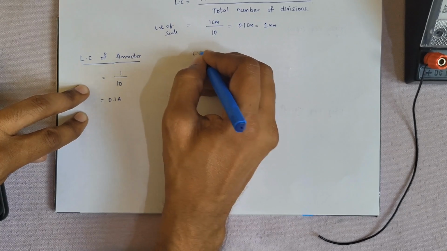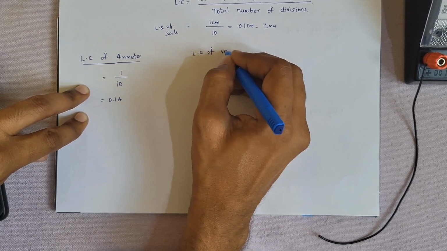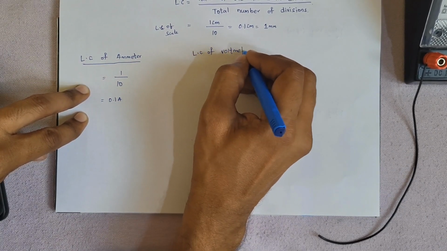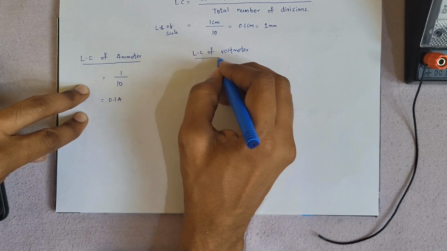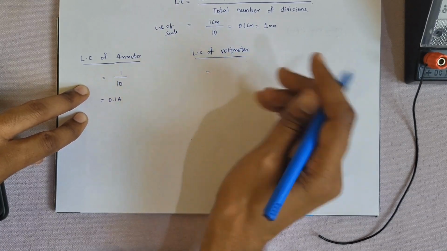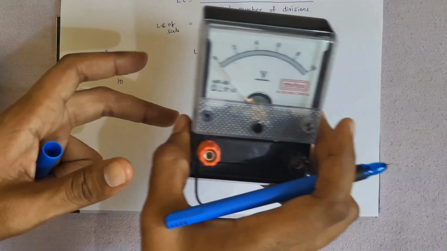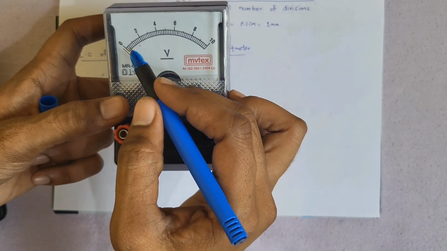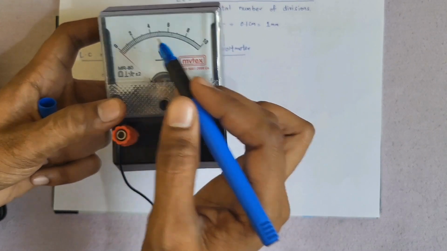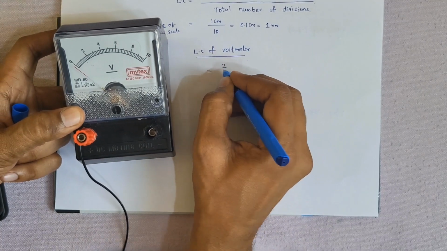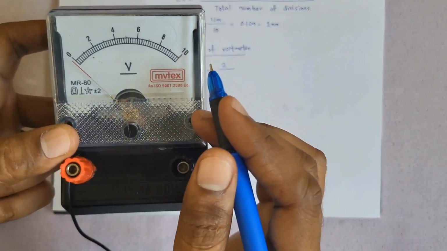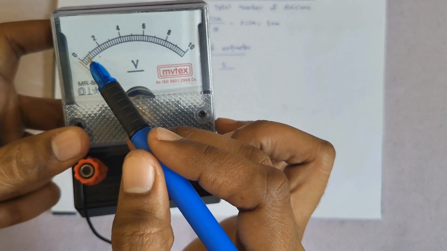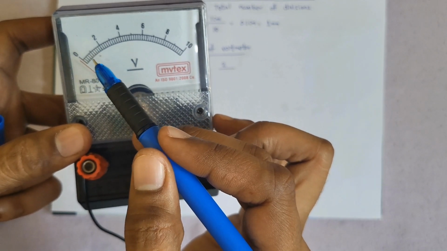Now let us find the least count of the voltmeter. How to find this one? That is equal to the value of one main scale division. What is the value of one main scale division here? It is 2 volts, divided by the number of divisions. You can count if you need; there are 10 divisions in total.